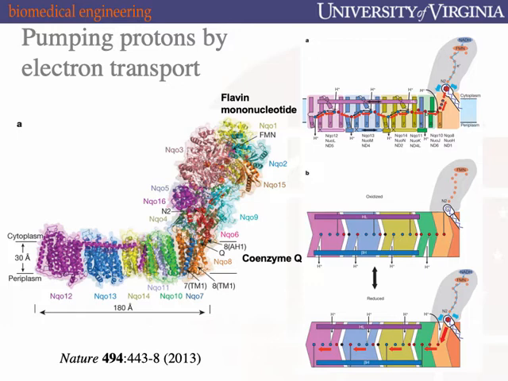The electron acceptor on complex 1 is called flavin mononucleotide. Another coenzyme. It's going to get reversibly modified as a result of picking up those electrons. Flavin mononucleotide is bound to complex 1, and as it becomes reduced, there will be conformational changes in all of complex 1.